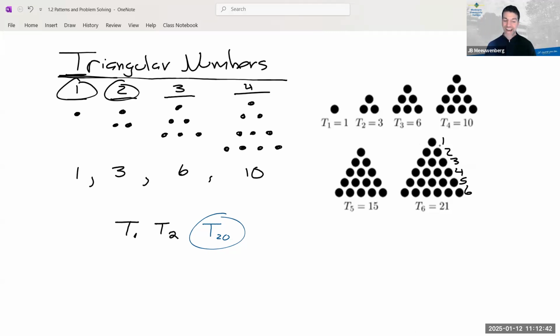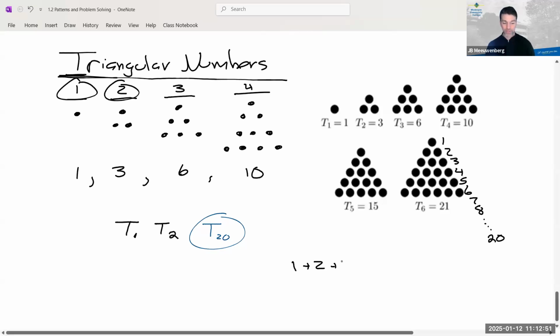That's how many dots are in each of these rows, plus 7 plus 8, all the way down to 20. So you'd be doing 1 plus 2 plus 3 plus all the numbers to 19 plus 20.